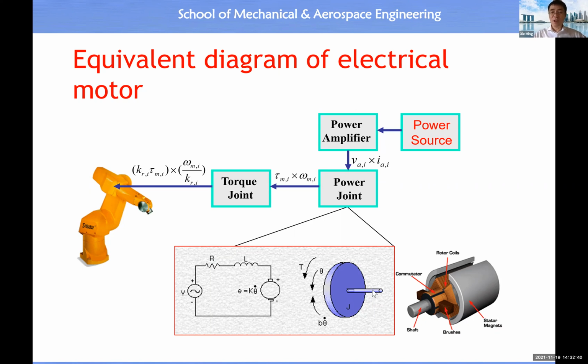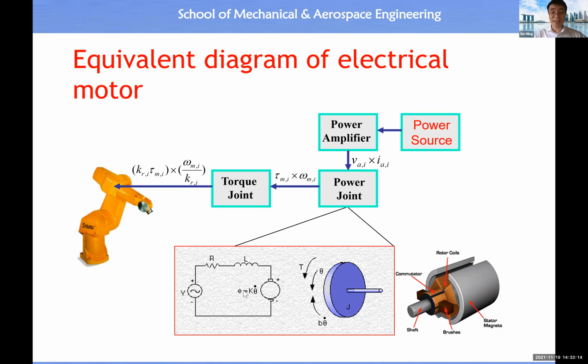Then the rotating shaft will supply torque, mechanical energy. On the electronic side, a motor basically is an RL circuit plus an electricity generation device, because you have a coil which rotates inside a magnetic field. When a coil rotates inside a magnetic field, it produces voltage, so it behaves like an electricity generator.